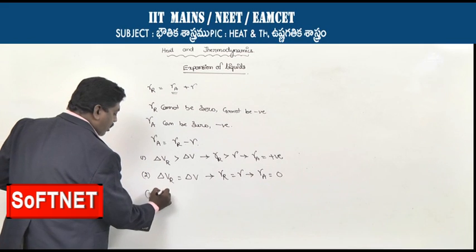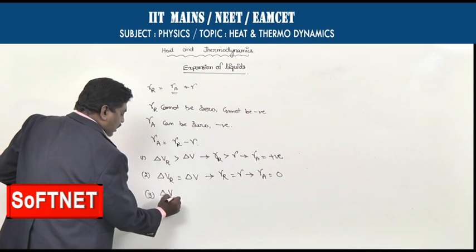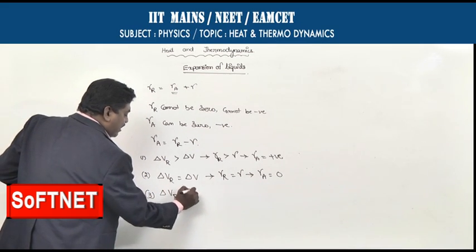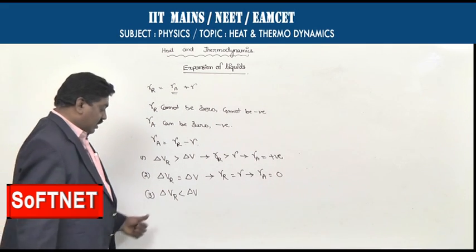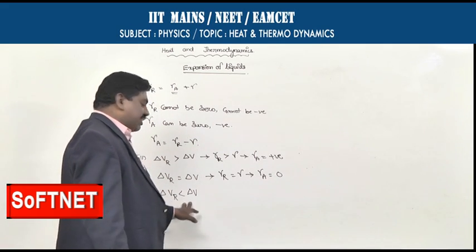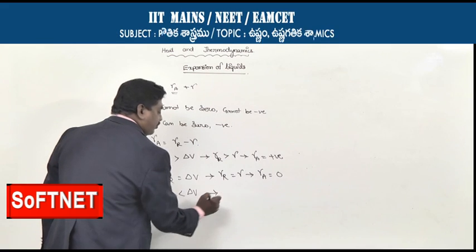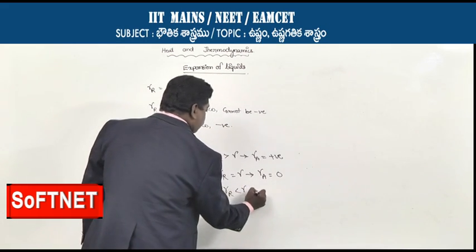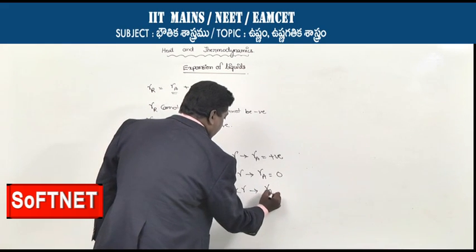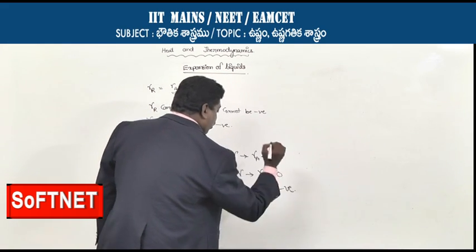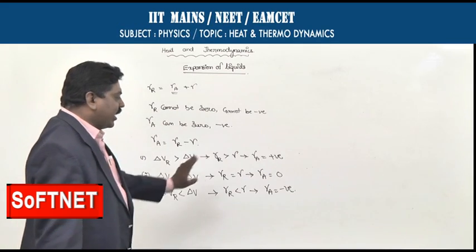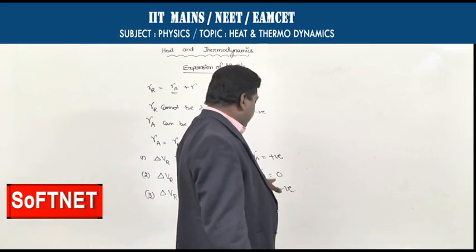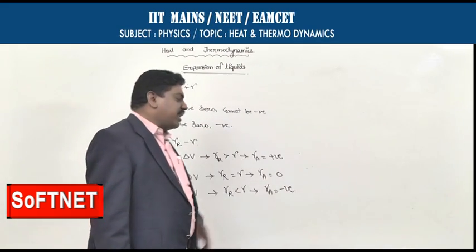Similarly, delta VR is less than delta V, in the sense the liquid expansion is less than the container expansion. In such case, gamma R is less than gamma, so that gamma A is a negative value. So gamma A can have positive value, 0 value and negative value.